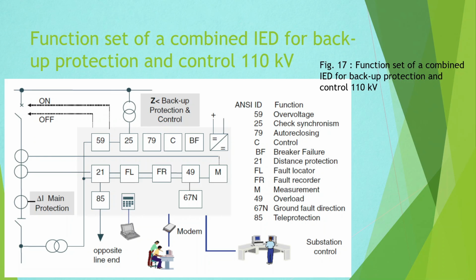The lack of synchronism function provides the synchronization check before connecting two sections of the network, for example, a feeder and busbar or a busbar and a power station. The synchro check evaluates the differences of the voltage magnitude of both sections, delta V, the angle between the voltages, delta phi, and the frequencies, delta f.